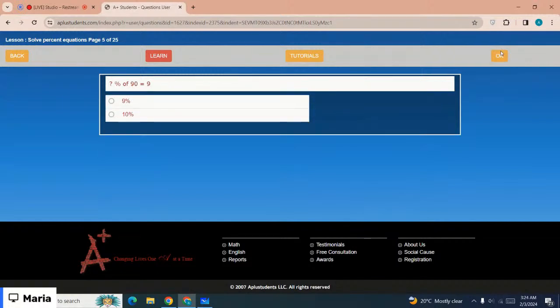What percent of 90 equals 9? Which is the correct option?